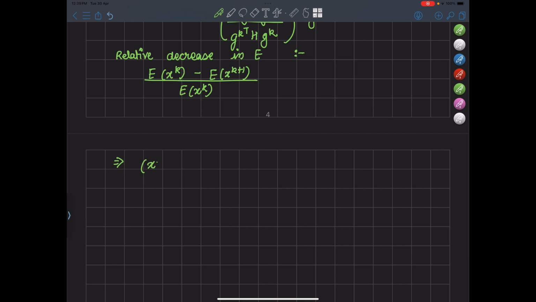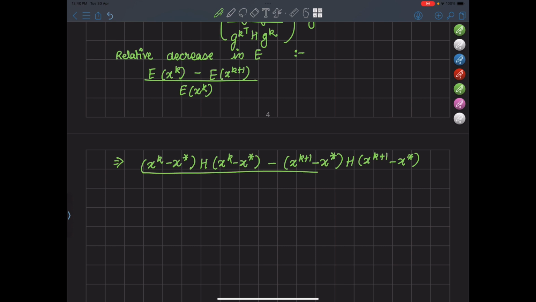So xk minus x star transpose h xk minus x star, minus xk plus 1 minus x star transpose h xk plus 1 minus x star, divided by yk transpose h yk.